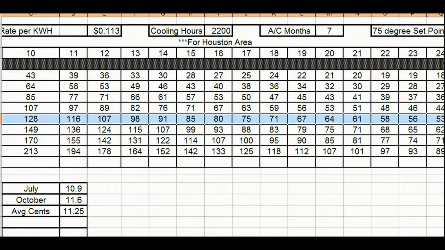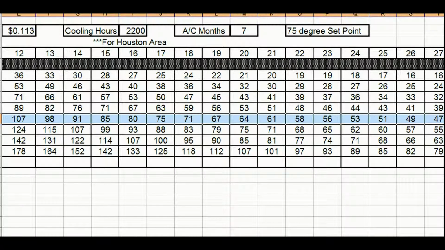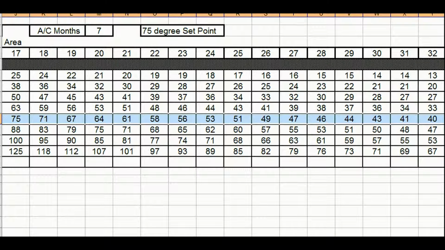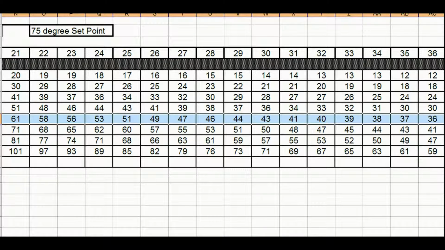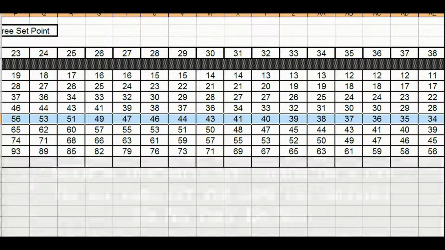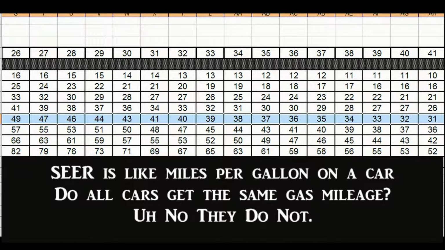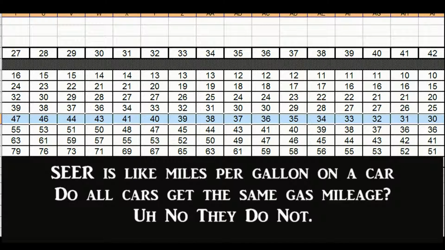So what we do is I'm going to shift this over. If you notice up here, that's the SEER rating compared with the costs of what I'm running. Your SEER rating is based on a bunch of numbers. It's based on how much you run the equipment, and so on and so forth.